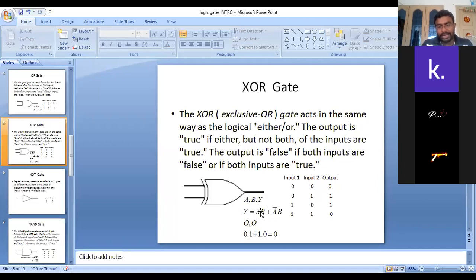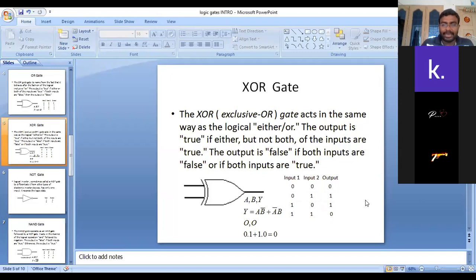If you substitute the inputs 0 0, 0 1, 1 0, 1 1 into the expression, you'll get the outputs. In order to explain the truth table of the XOR gate, I simply say when the two inputs are low and when the two inputs are high, your output is low. That is how I need to explain the XOR gate. And in the remaining two cases, output is high.